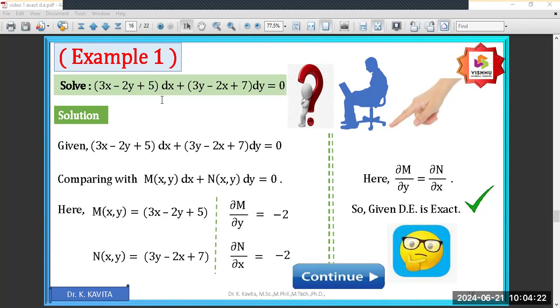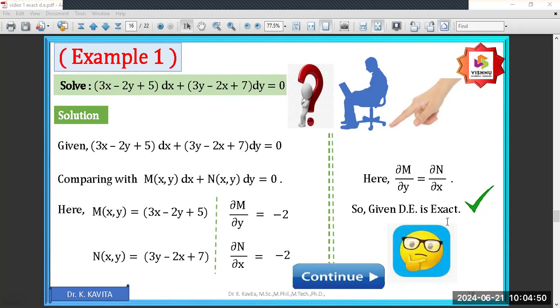An example. First example: 3x minus 2y plus 5 into dx plus 3y minus 2x plus 7 into dy equals 0. We identify that it is in the form M dx plus N dy equals 0. Now the first term, differentiating M partially with respect to y, dou M by dou y equals minus 2. The second term, differentiating N partially with respect to x, dou N by dou x equals minus 2. Hence both are equal, so this is exact.